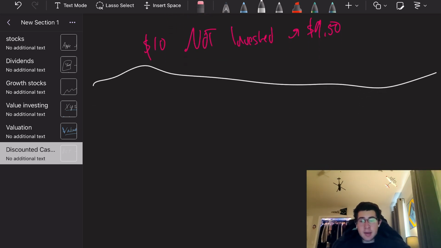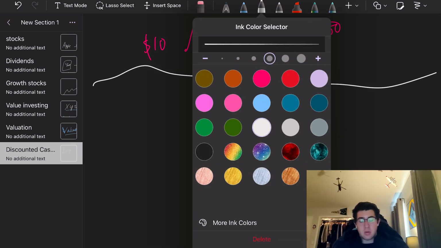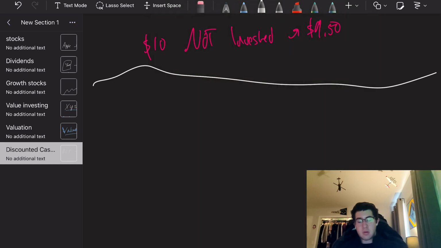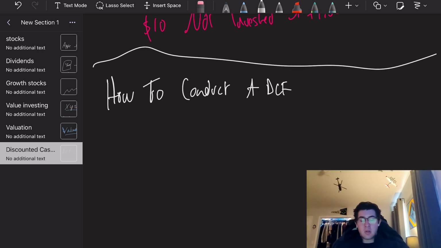Now, how do you do a DCF? Like how do you actually conduct a DCF? So here's how you do this. The first thing, you have to determine an appropriate discount rate for the DCF model.